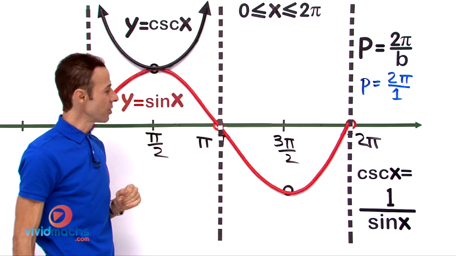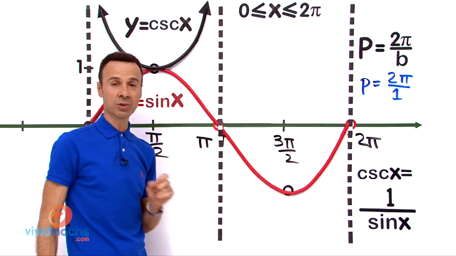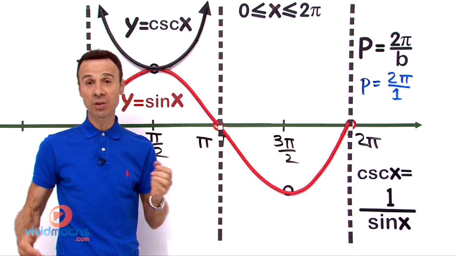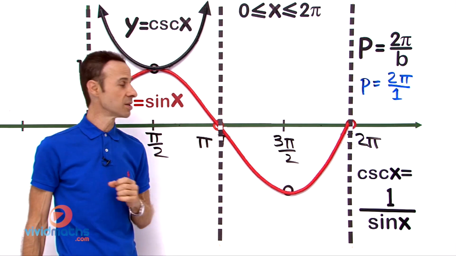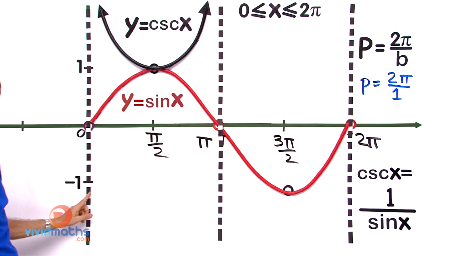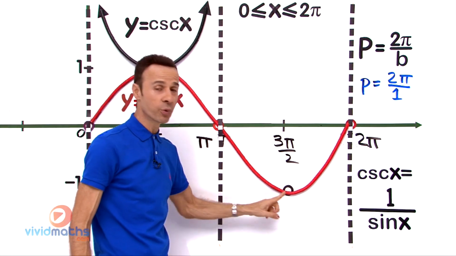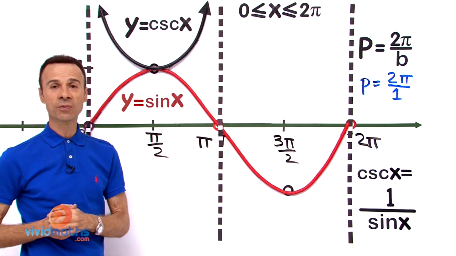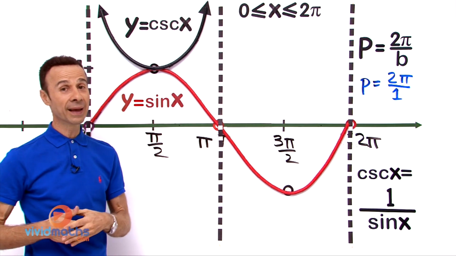Well, we know that at 3 pi on 2, if we put in sine of 3 pi on 2, or sine 270 if you're using degrees, that's going to give you a value of -1. So at this point right here, we could reciprocate, flip -1, and that's also going to equal, again, -1.